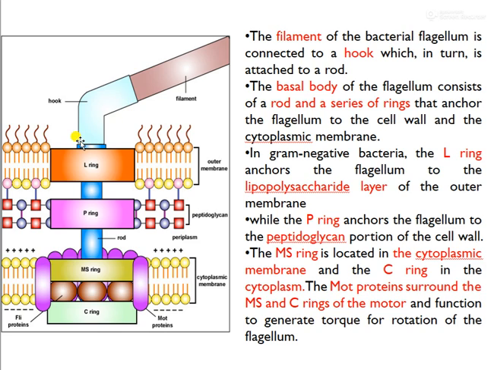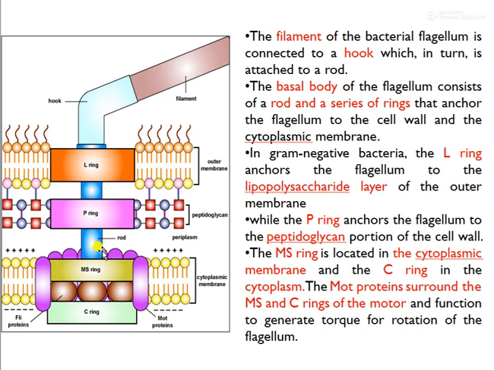So if you look at the flagellum, it extends outside of the cell, and its structure mainly consists of a filament and a hook, which are attached to the basal body. The basal body is enclosed within the cell membrane, outer membrane, peptidoglycan layer, and all these layers.